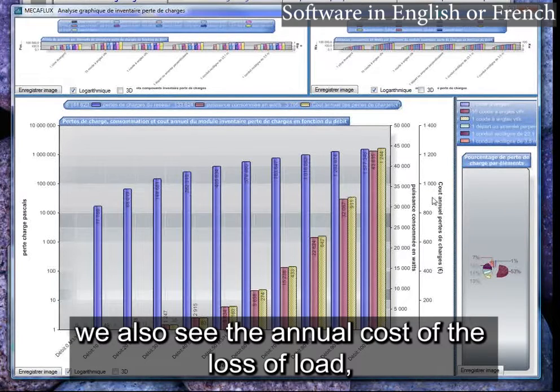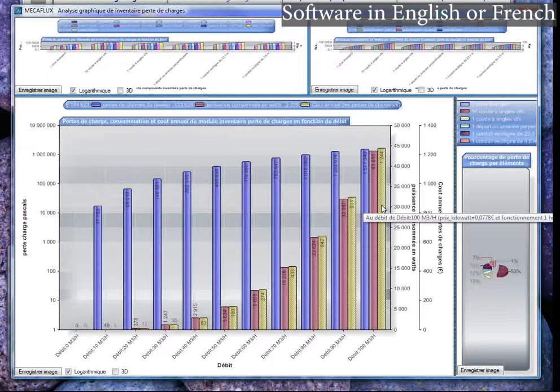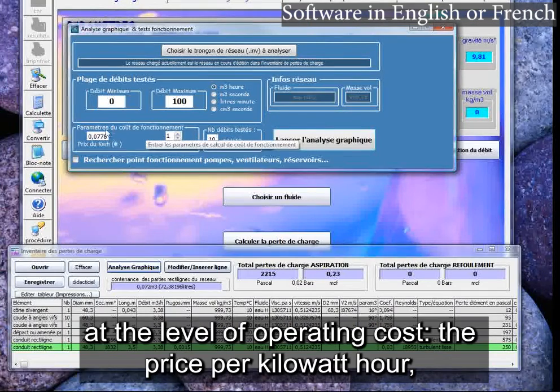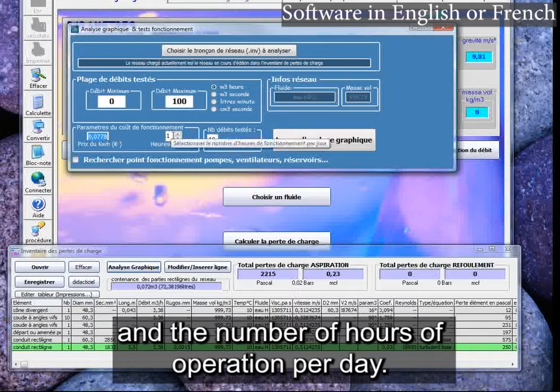We also see the annual cost of the head loss, according to the parameters entered for operating cost: the price per kilowatt hour, and the number of hours of operation per day.